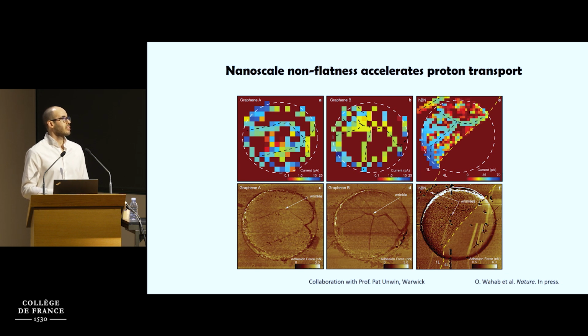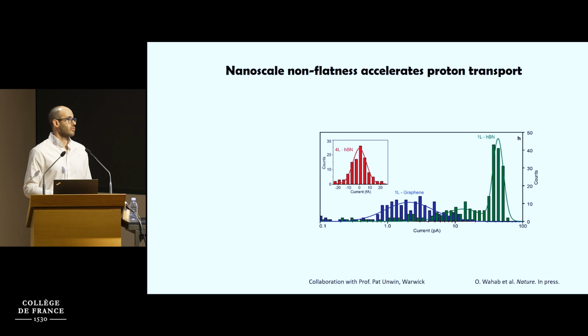And we see that, again, you have high activity around wrinkles, but you also have pretty high conductivity in areas away from these wrinkles. So what we did was some statistics of how this looks. This is the current in the pixels, and this is the number of pixels for this.